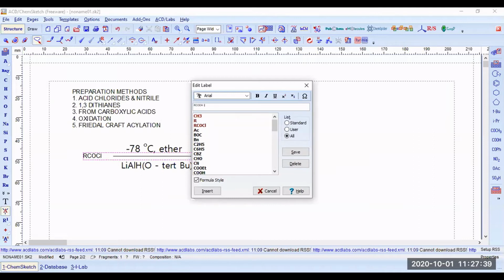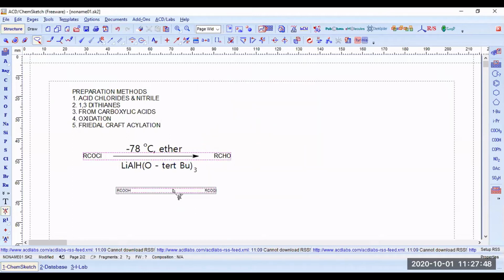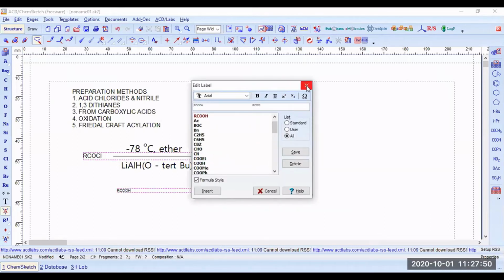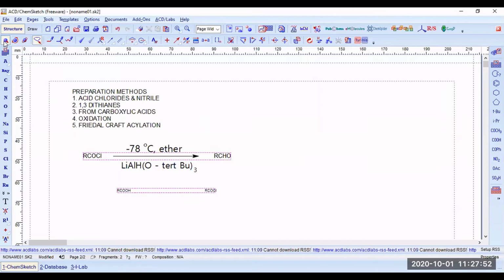RCOOH will give us RCOCl. That means from carboxylic acid only we are getting the acid chlorides. These are the derivatives of carboxylic acid.